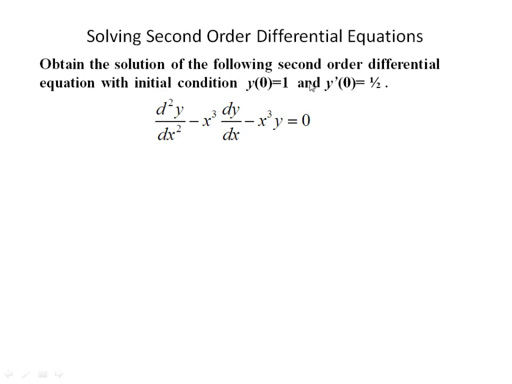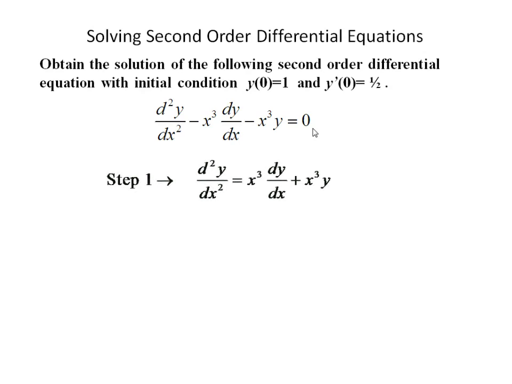Let's see one more example. Obtain the solution of the following second order differential equation with the initial condition y of 0 is equal to 1 and y dash of 0 is equal to 1 by 2. So the initial condition is at x is equal to 0, y is 1 and y prime is 1 by 2. So the differential equation is d2y by dx square minus x cube into dy by dx minus x cube y equal to 0.